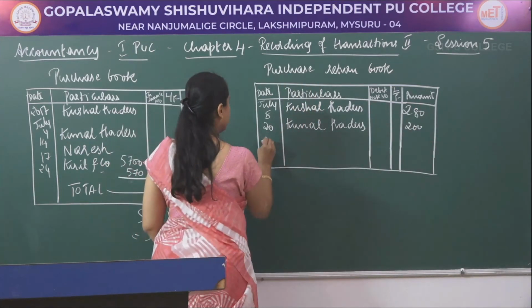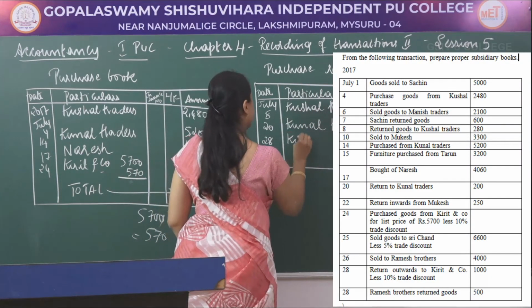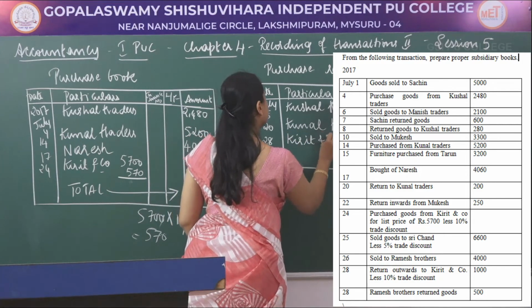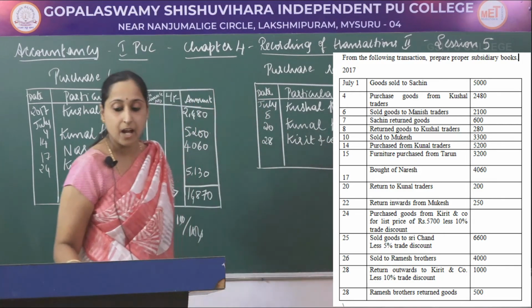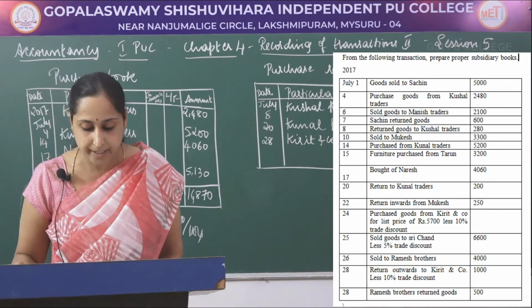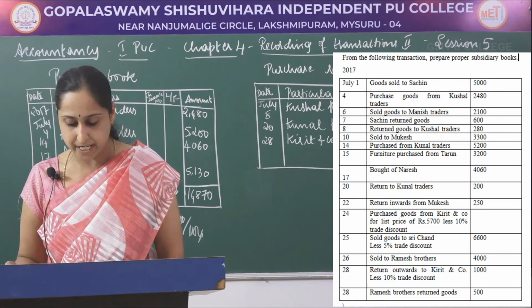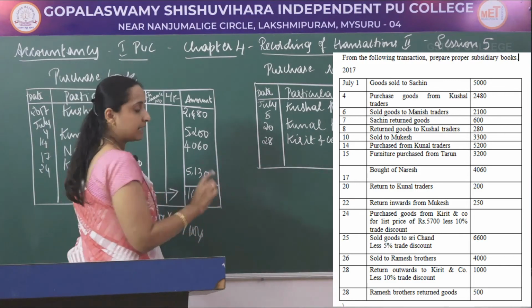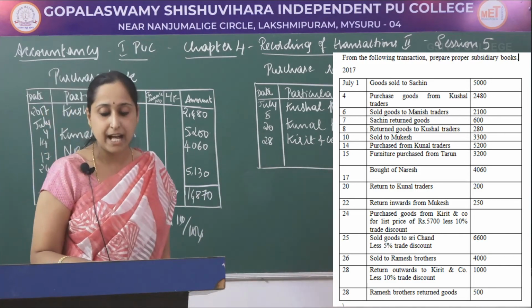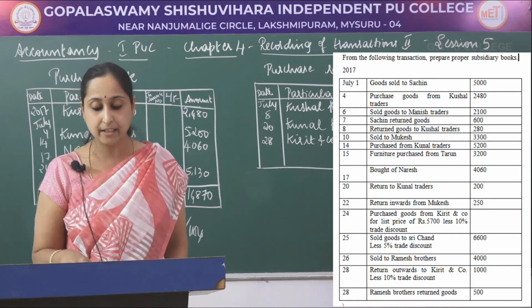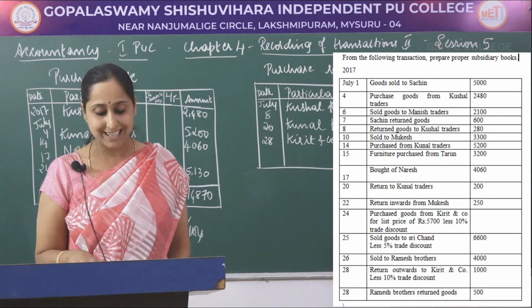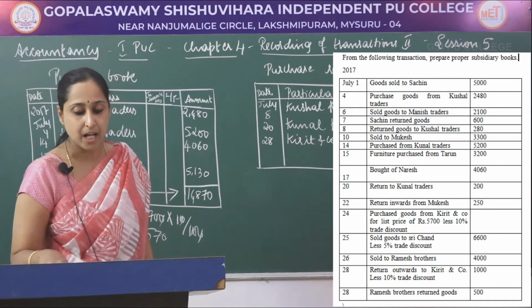And on 28th, return outwards to Kirit and Company, less 10% trade discount, worth rupees 1,000.